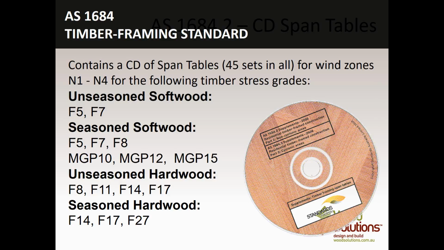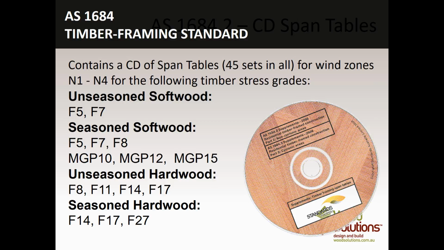MGP10 relates to machine graded pine, and the 10 is its stress grading for the machine grading. The reason you refer to that typically is because that's what we produce a lot of here in South Australia. Down in the southeast, the radiata pine that's produced is typically either MGP 10 or MGP 12. And that's what the bulk of our framing is.